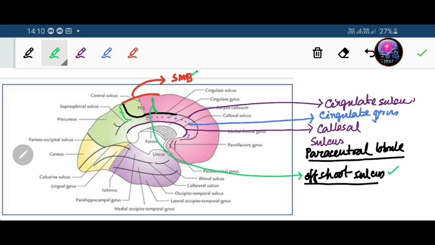So the boundaries of the paracentral lobule are as follows.